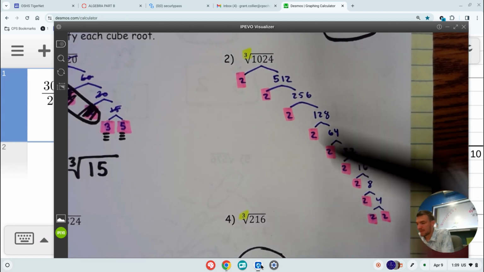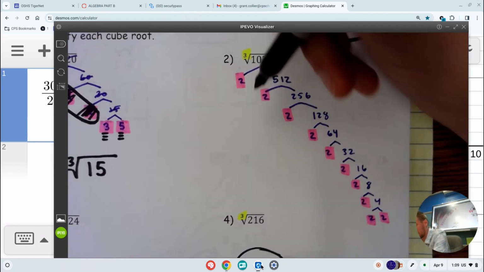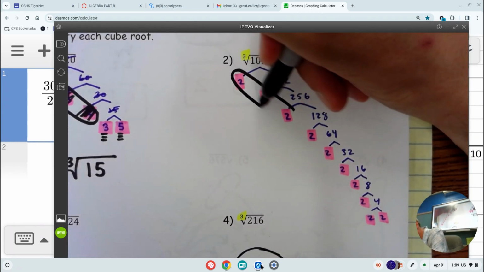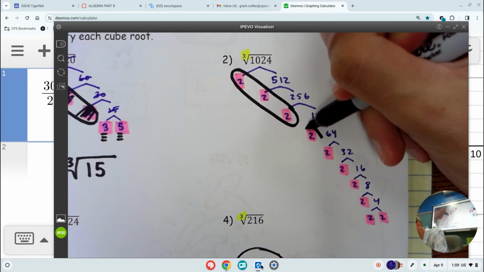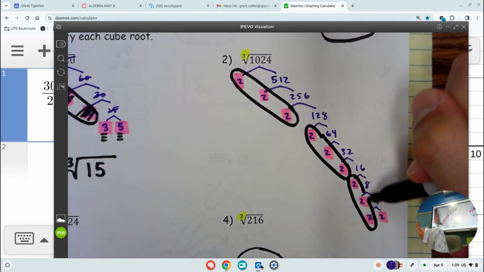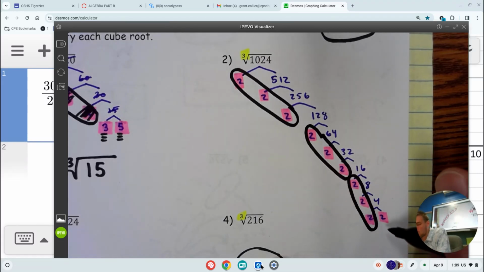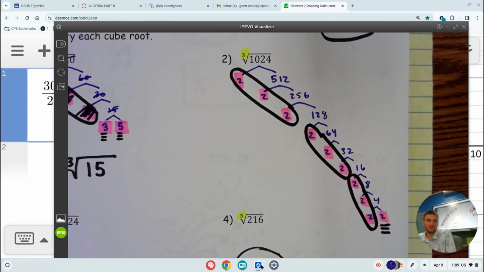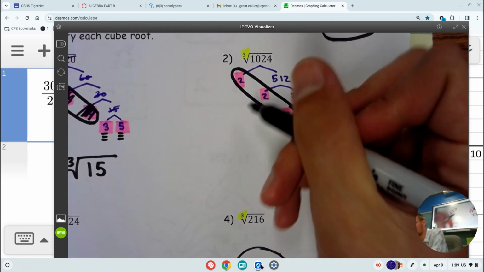If I'm looking to circle triples here, we've got triple 2's and triple 2's and triple 2's and one leftover 2. All I need to do is follow the same rules as before.